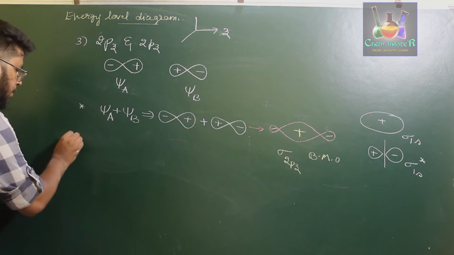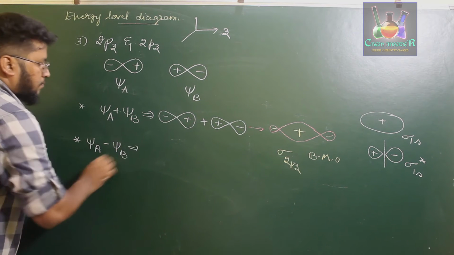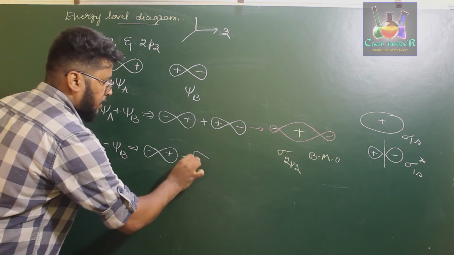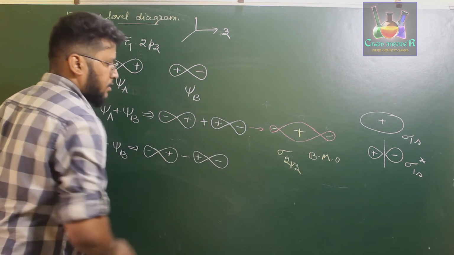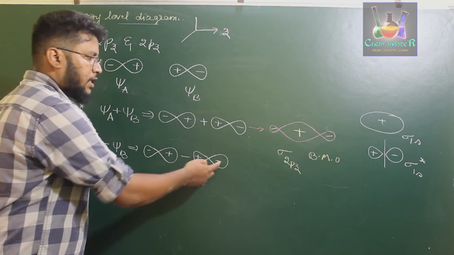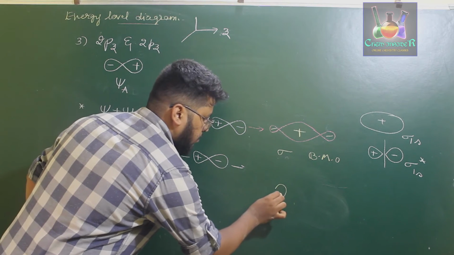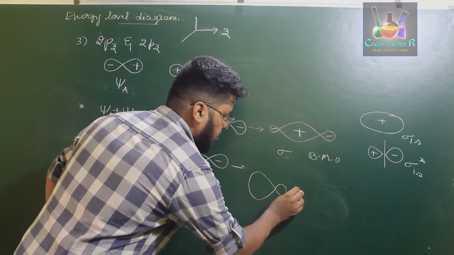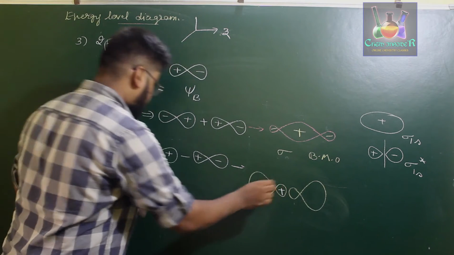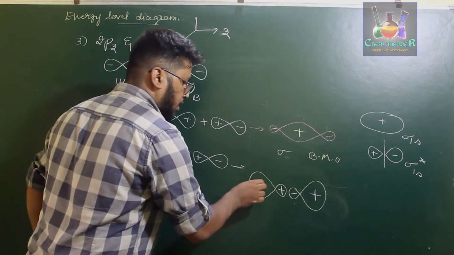And now for the anti-bonding, psi A minus psi B, plus minus, minus of plus minus. Minus of plus will be minus, minus of minus will be plus. So they form like this. Okay, so this will be plus as we have considered here, this will be minus, this will be plus, and this will be minus.